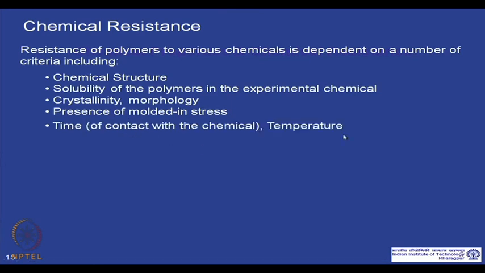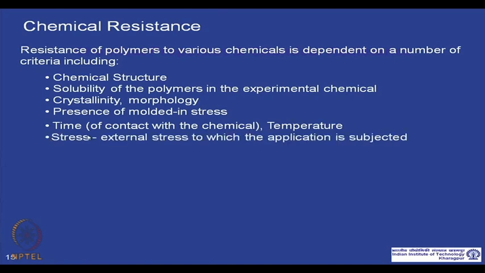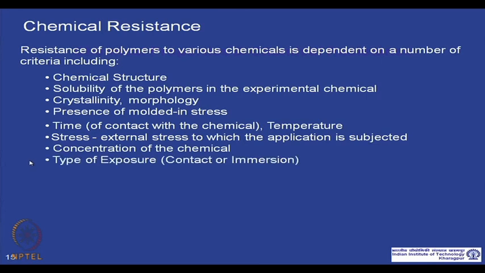While testing, there are several test parameters that must be considered for comparing the chemical resistance of different polymers. For example, time of contact with the chemical, temperature at which you are doing the experiment, the stress level, what is the external stress you are applying during the experiment, concentration of the chemicals you are using, type of exposure, whether you are just contacting or immersing in that particular chemical.